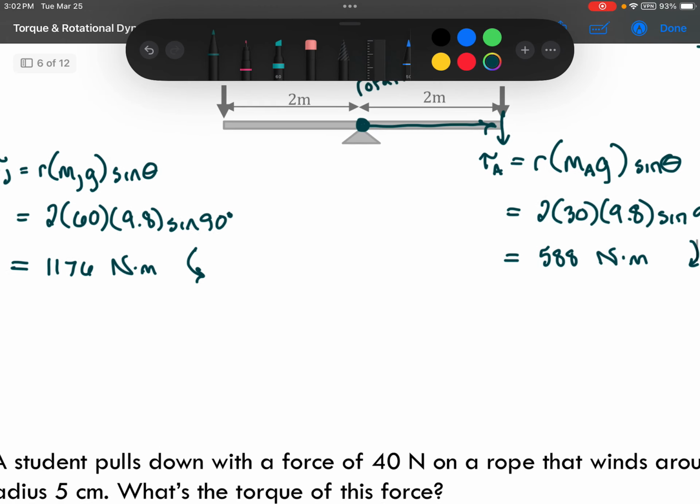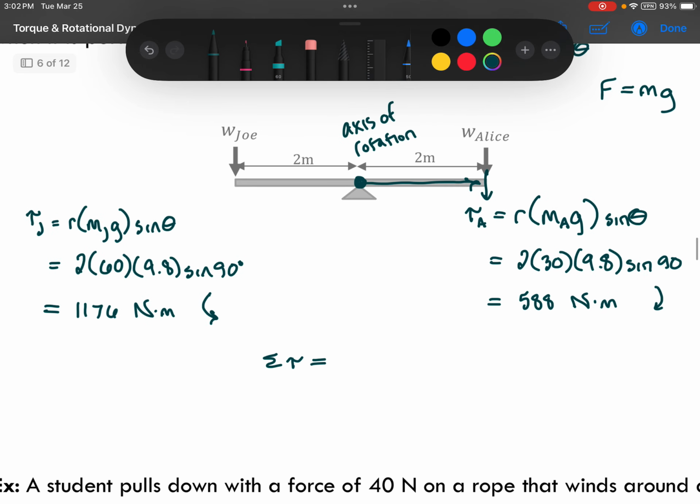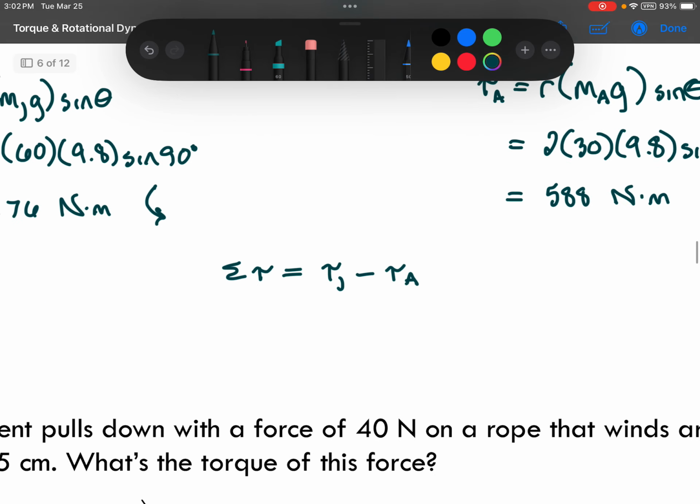So when we find the net torque, we just have to keep in mind what direction each is pointing. So we can use the convention. We'll say counterclockwise is positive. That means that Joe's torque is positive, but Alice's torque is negative. So we'll have 1176 minus 588.